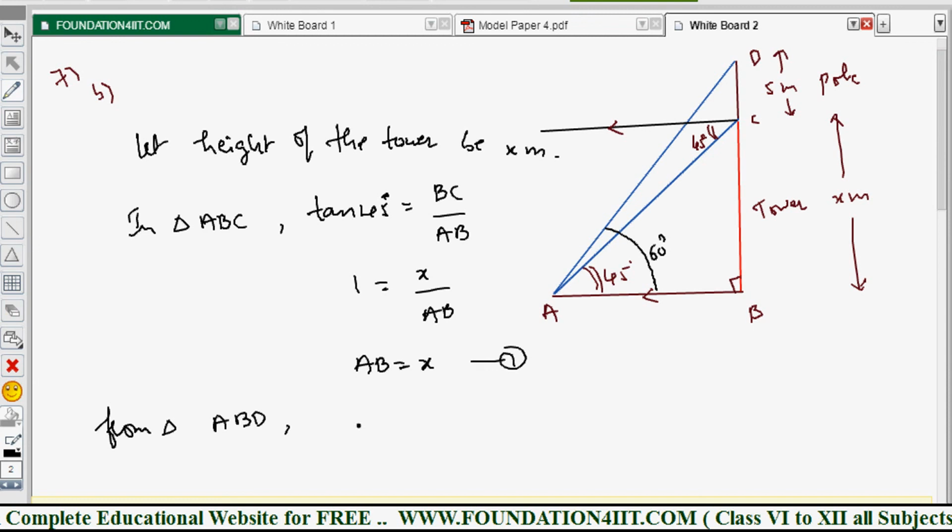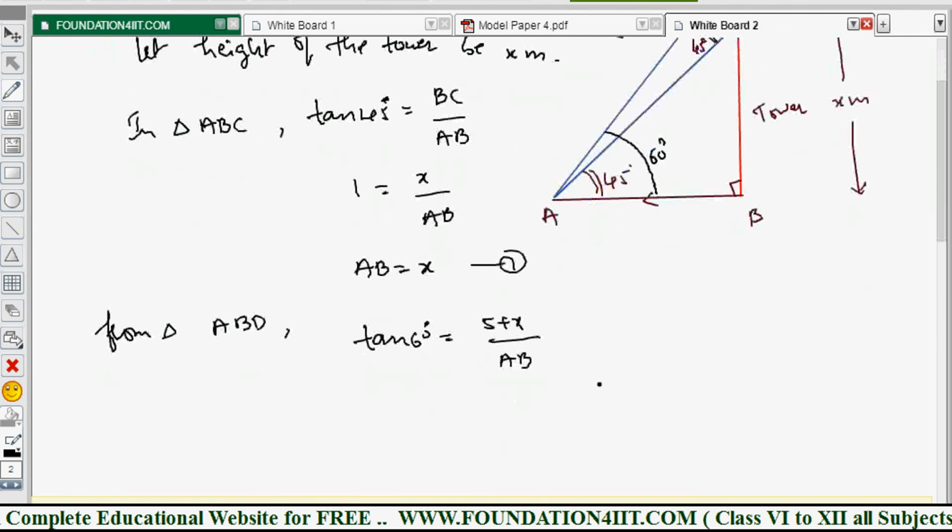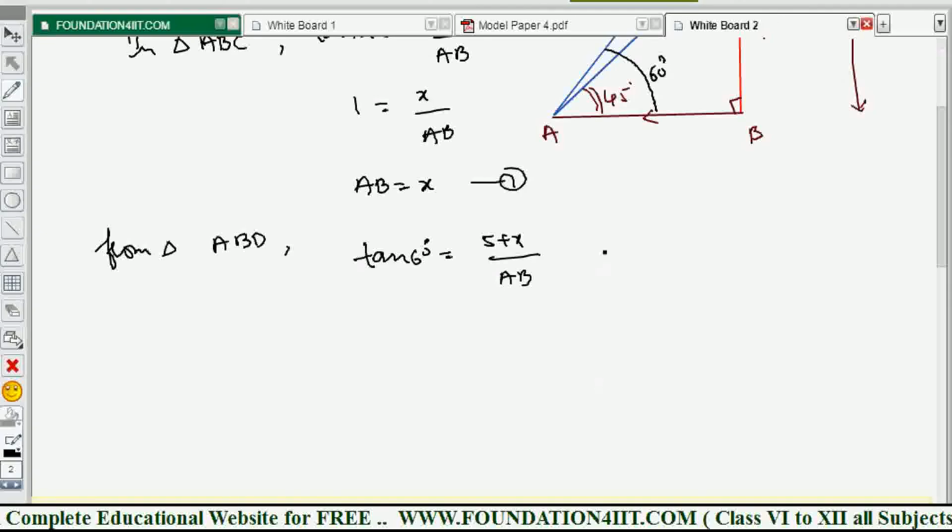From this, tan 60 degrees: opposite is x plus 5, or 5 plus x, by the same AB. AB's value is x, but we can leave it here.